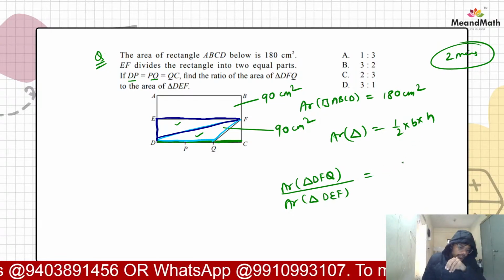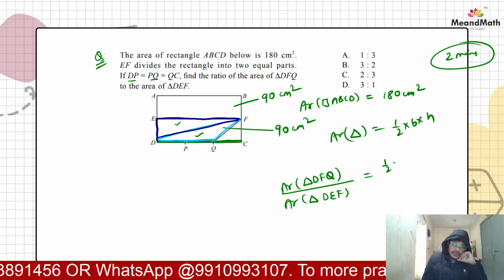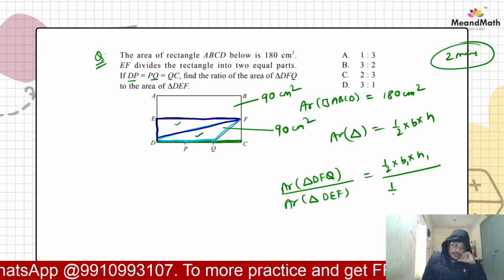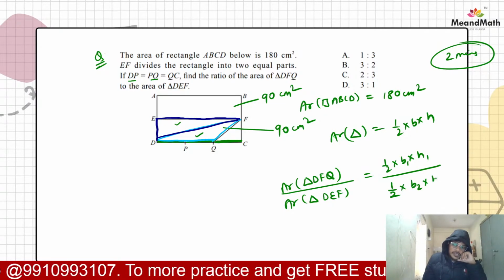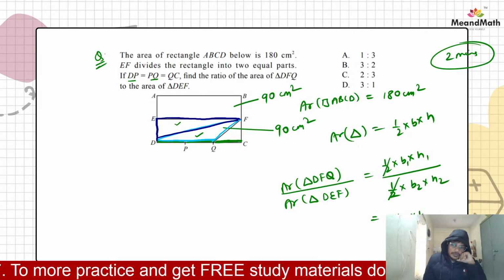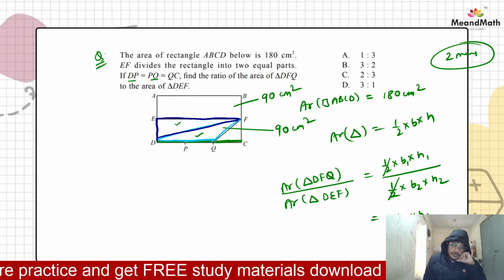So put the values here: half into base into height. Let's say this is B1, this is H1, then upon half into B2 into H2. That means half and half cancel out. This is B1 into H1 over B2 into H2.